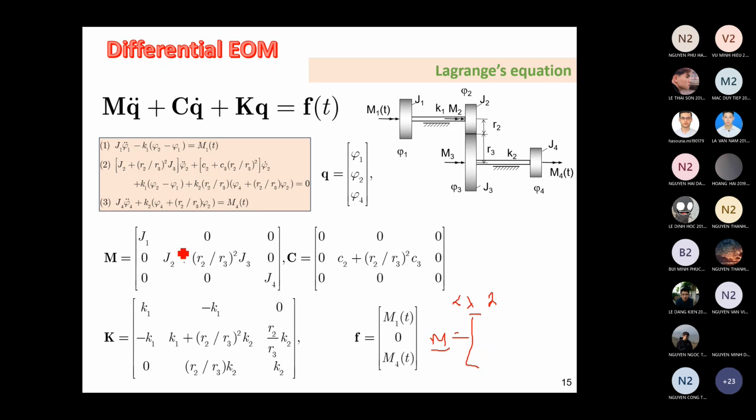And for the matrix with size 3 by 3, they have the 1,1 element, 2,2 element, and also the 3,3 element. So what is this kind of matrix called?